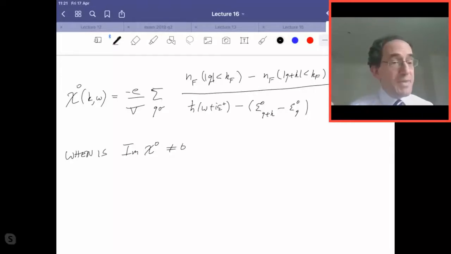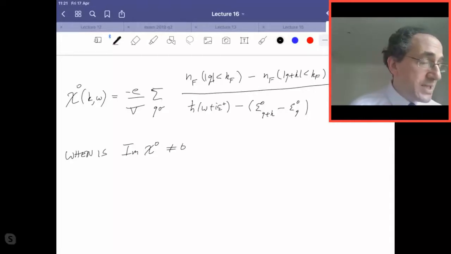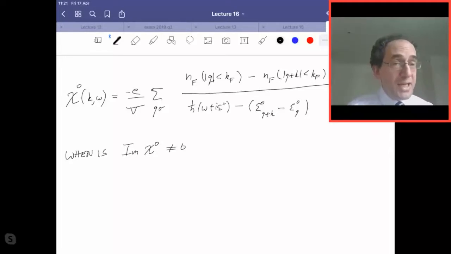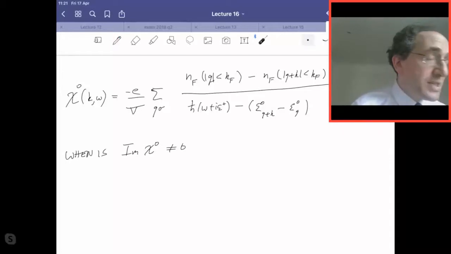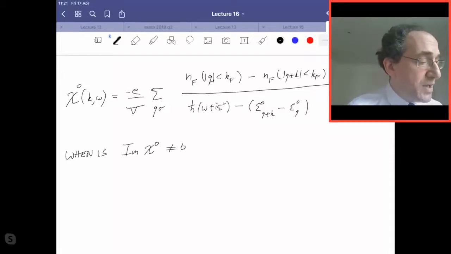It's the same thing for this response function, except in this case, it's the imaginary part which allows energy to be absorbed, and the real part is the reactive part, which doesn't allow energy being absorbed. So this is energy absorbed.